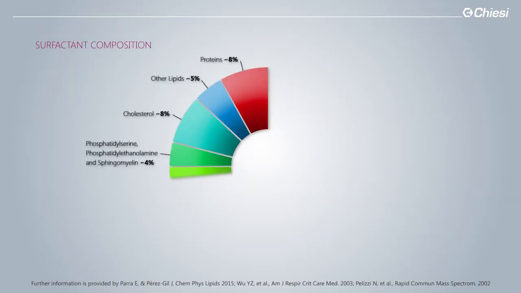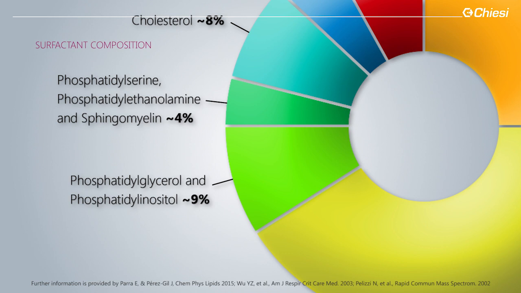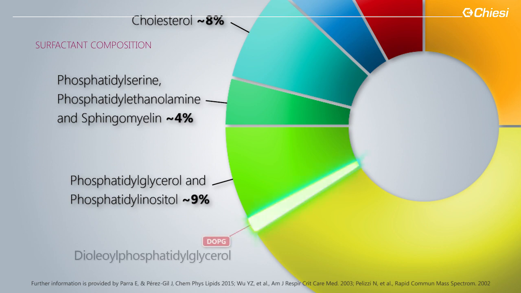So going back to surfactant composition, we already talked about DPPC, which is the key phospholipid, but other components are important. For example, let me tell you something about dioleoyl phosphatidylglycerol, or DOPG, which is an anionic phospholipid that doesn't reduce surface tension, but still is very important because it's able to regulate and downgrade surfactant catabolism.